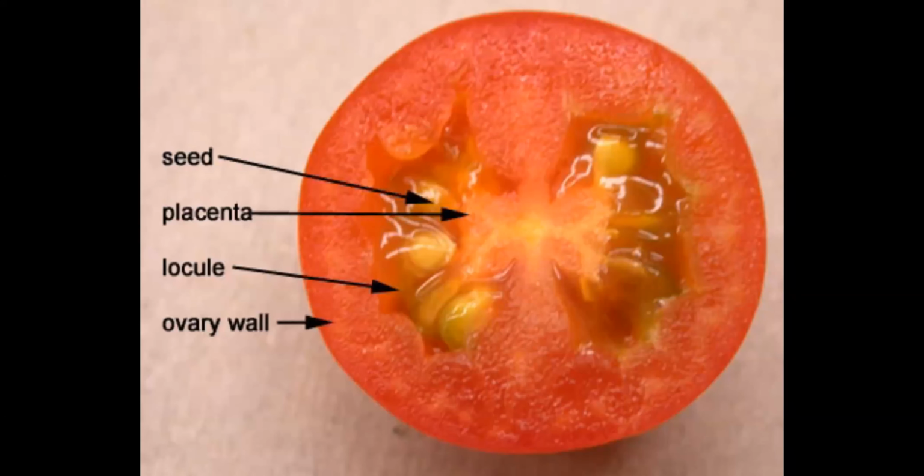Next, see the picture of tomato. See again the same. At the center over here, a ridge like structure, placenta, is formed. Can you tell me over here how many locules are there?